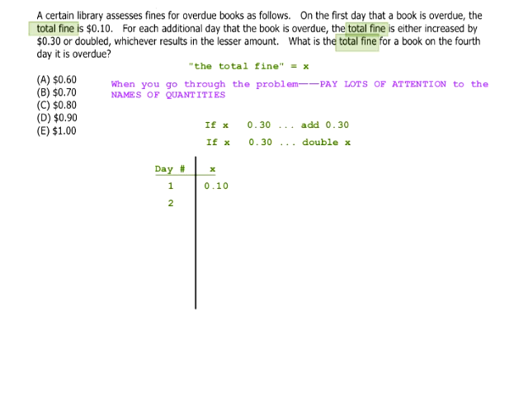Sorry about that. So that should actually be, that's what you do if it's more, and that's what you do if it's less. Yeah. So we double it, that gives us 20 cents. Day 3, we double it again, 40 cents. Day 4, what do we do? You add 30, and you're done, and that's it. And it's 70 cents. Yes, that's all you got to do.